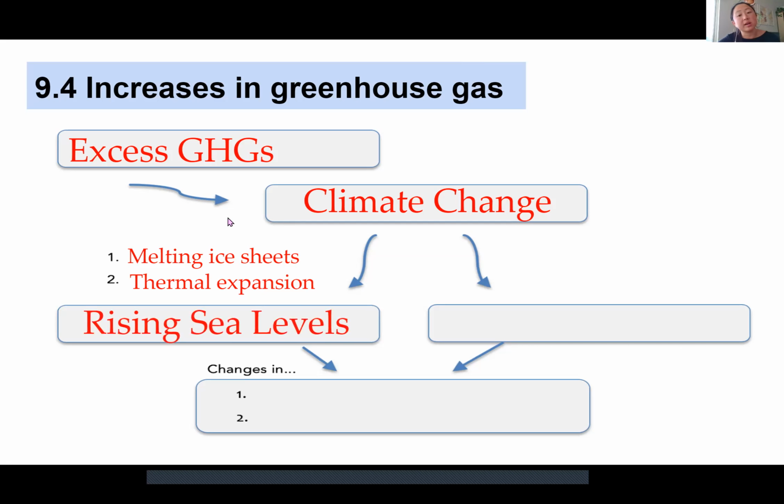That results in rising sea levels, which is not good for a lot of different organisms that exist on Earth, including us. Also, climate change, due to the excess amount of greenhouse gases, also spreads disease vectors. We looked at this last unit, right? When there are places that are becoming warmer and the temperatures are changing, it means different creatures can inhabit that place, and those different creatures are different disease vectors, such as mosquitoes and whatnot.